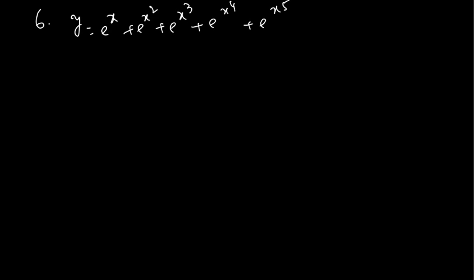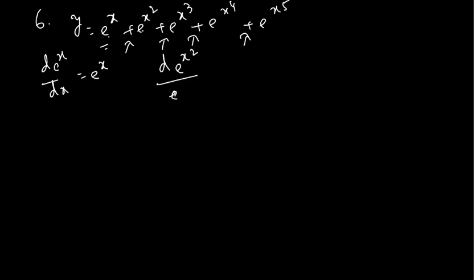So whenever you see plus here, or minus for that matter, you do the differentiation of each of them. That means you consider each one as another function, and so d e power x by dx is e power x. Then d of e power x square is e power x square into 2x. For the next one you will have 3x square.